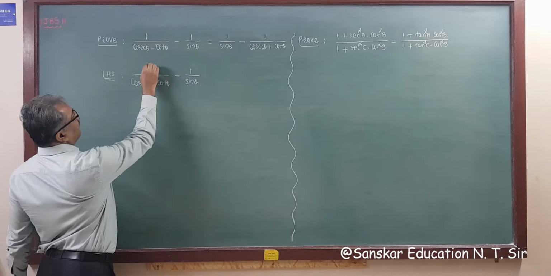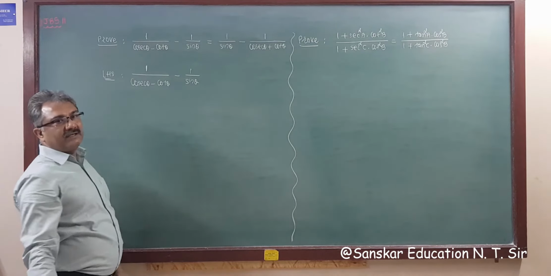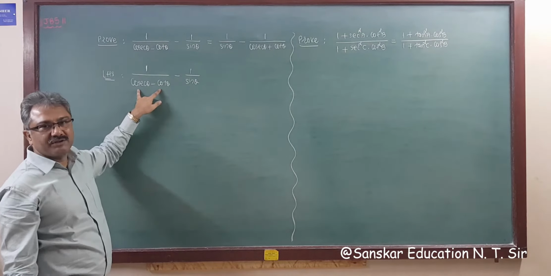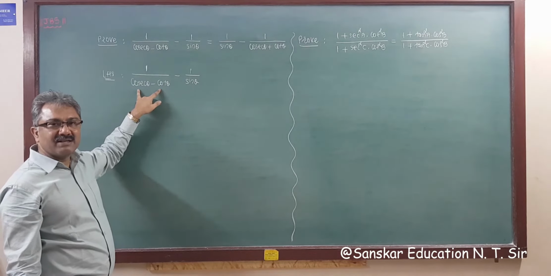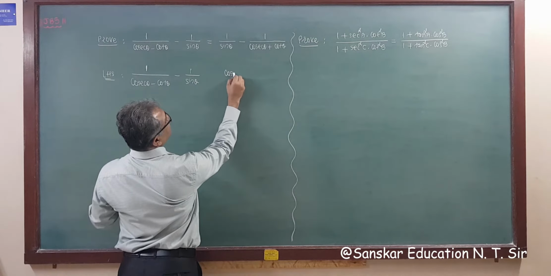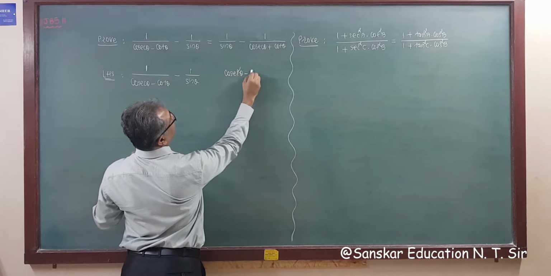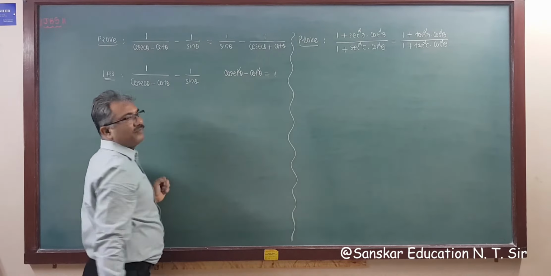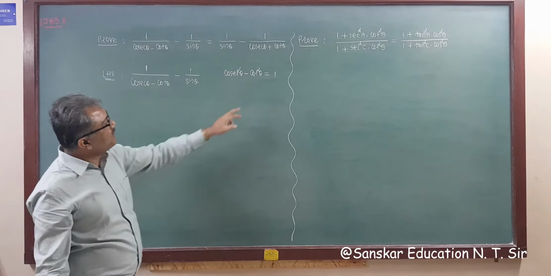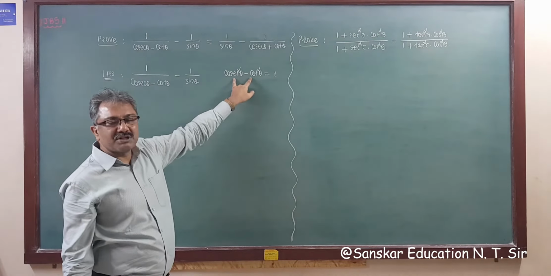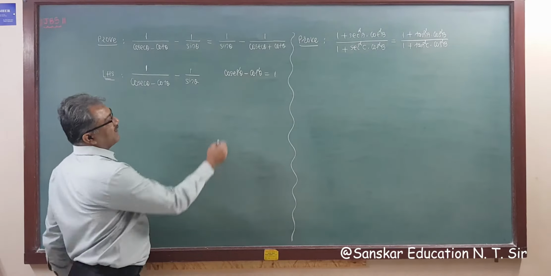Only we have 1 here, and for 1 we have an identity in cosec and cot, that is cosec square theta minus cot square theta is equal to 1. So instead of 1 we substitute this cosec square theta minus cot square theta.